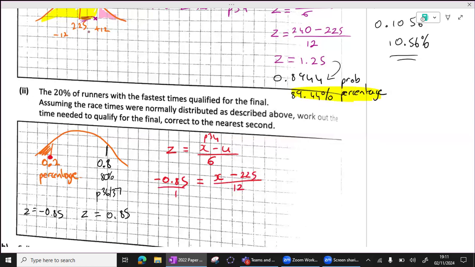So I'm going to pop that over 1 and cross multiply. 12 times -0.85 is -10.2, which equals X minus 225. So finally, to get X, my actual score, it's -10.2 plus 225. That gives me an answer of 214.8. Now it says to the nearest second, so 215 seconds.